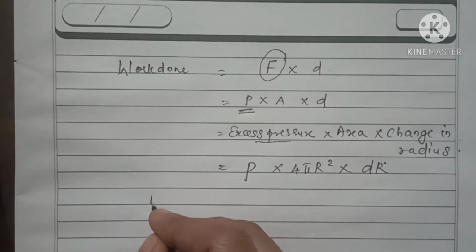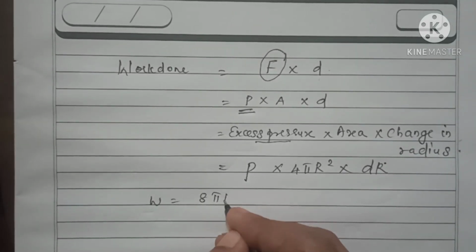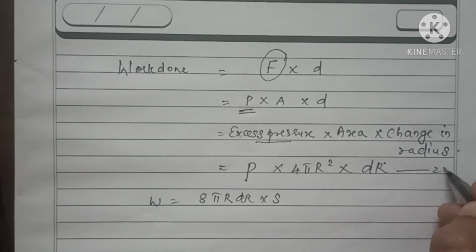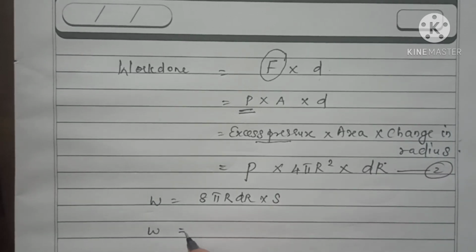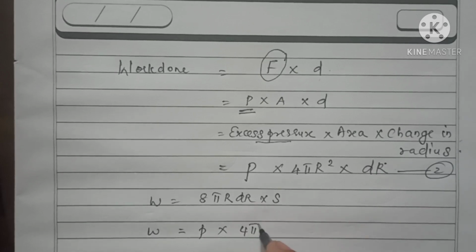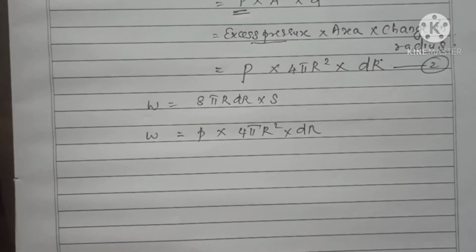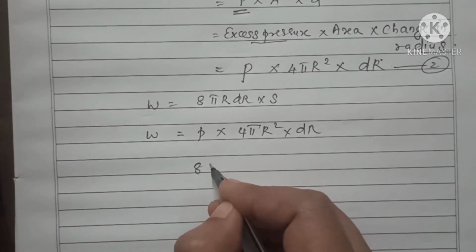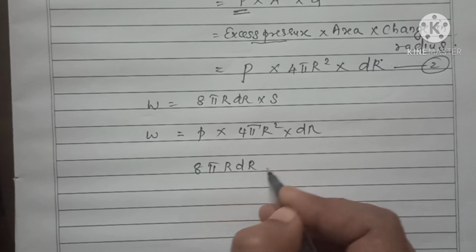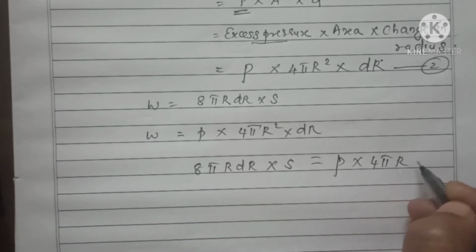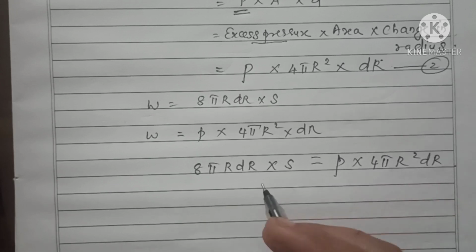So we got two expressions for work done. First one is work done equal to 8 pi r dr into S, and the second one is W equal to P into 4 pi r square into dr. So we can equate these two equations. We get 8 pi r dr into S equal to P into 4 pi r squared dr. You want to find the pressure, right?